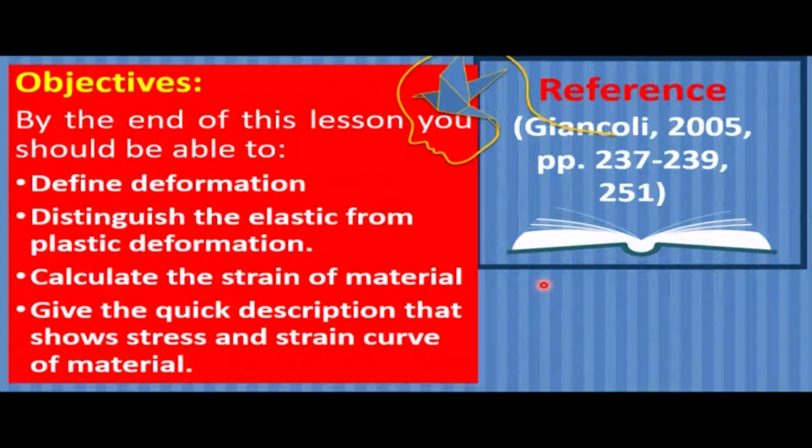So, students, the objective of this lesson: I want you to be able to define what is deformation. And number 2, I want you to be able to distinguish the elastic from plastic deformation. Will you be able to distinguish this? I hope that you will be able to do so. Another is to calculate the strain of a material. What is a strain?